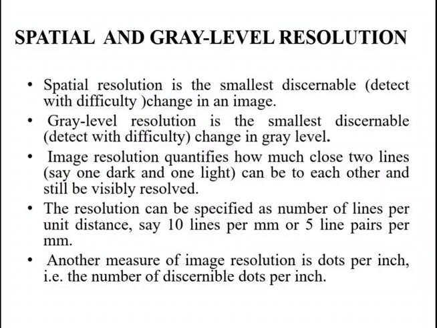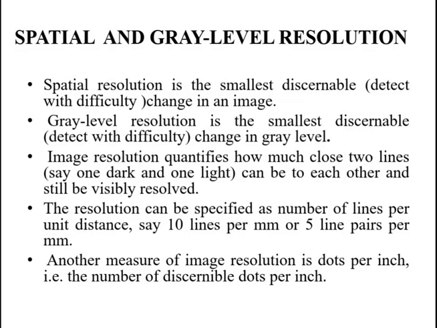Quantitatively, spatial resolution can be stated in a number of ways, with line pairs per unit distance and dots (pixels) per unit distance being among the most common measures. Suppose that we construct a chart with alternating black and white vertical lines, each of width w units.